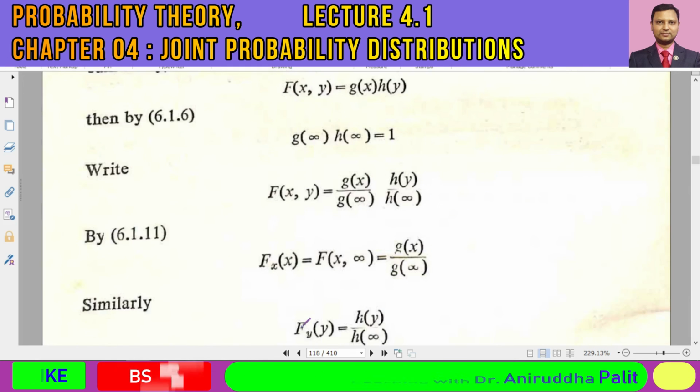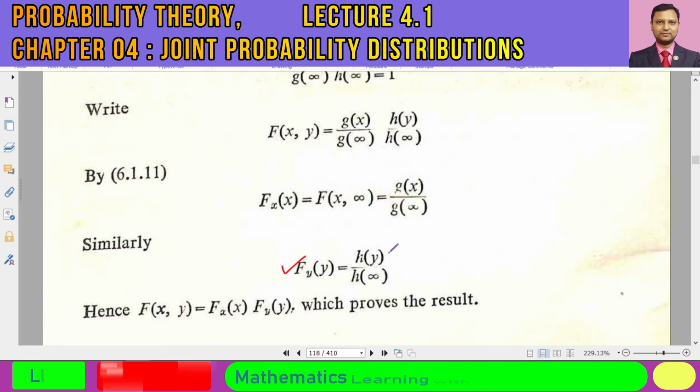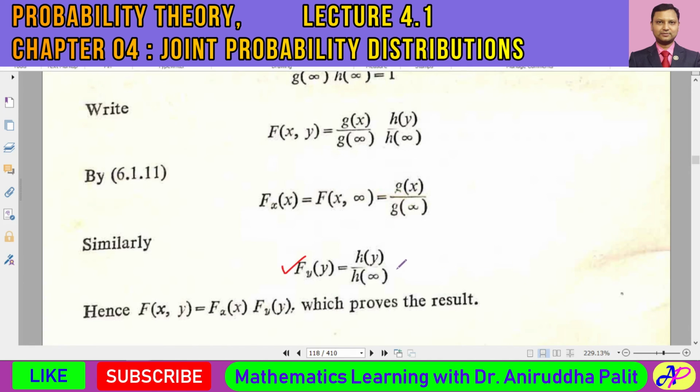Similarly, we can prove that F_Y(y) is equal to h of y divided by h of infinity.